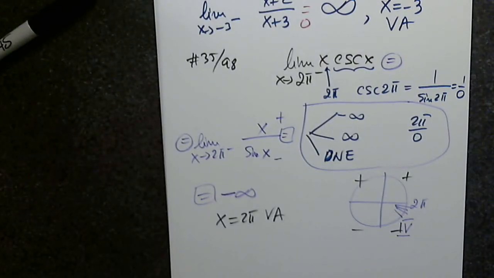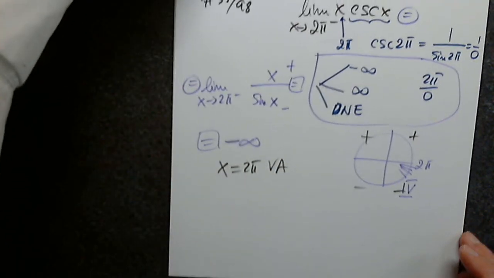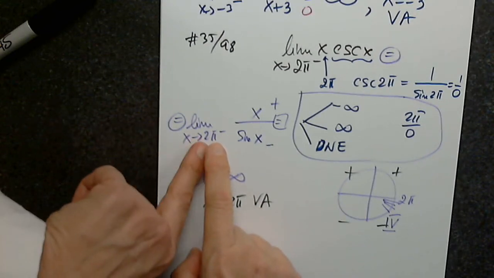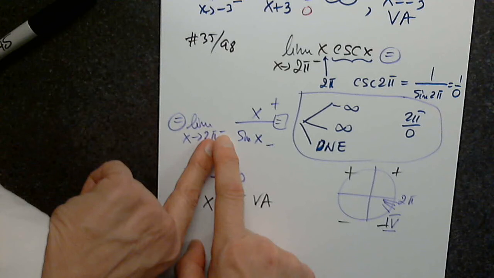Better? Yes. Perfect. Good. So any questions? The part where you're saying it's negative infinity, is the example there in the case where it's negative infinity from both sides? Correct. But look here, it's 2 pi from the left. I'm not even analyzing the limit from the right.